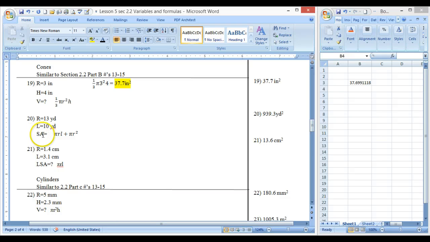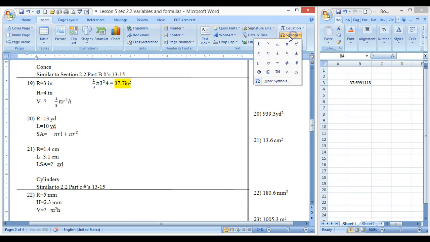For the surface area. The surface area is pi r L, radius and the length, and then pi r squared. So I'm going to come up here and type in pi, insert, pi, and then I'm going to do a parenthesis for r.